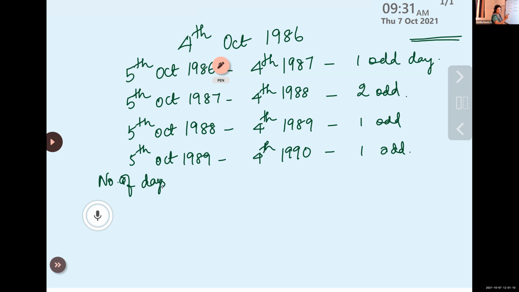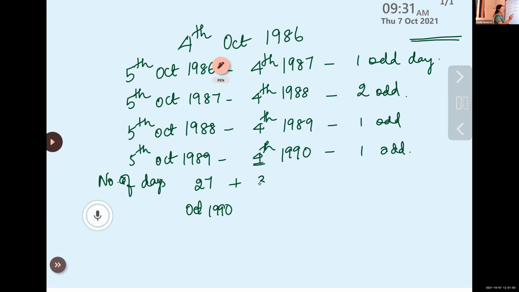From 4th October, up to 4th it is included. October has 31 days, 4 days are left out, so if you remove it, you will get 27 days.